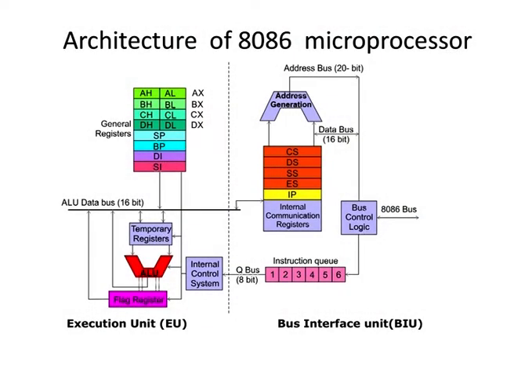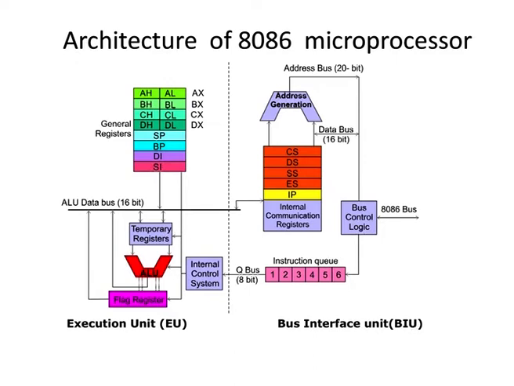Now let us first discuss the bus interface unit of the 8086 microprocessor. The first part in it is a dedicated adder which is responsible for generating the 20-bit physical address. This adder generates the 20-bit physical address with the help of two registers, that is the segment register and the offset register.